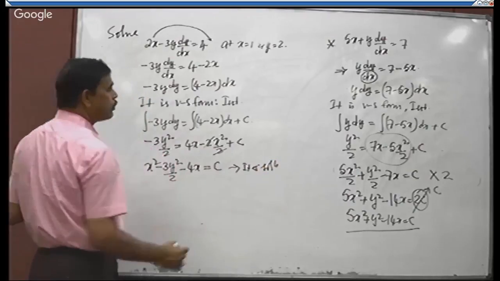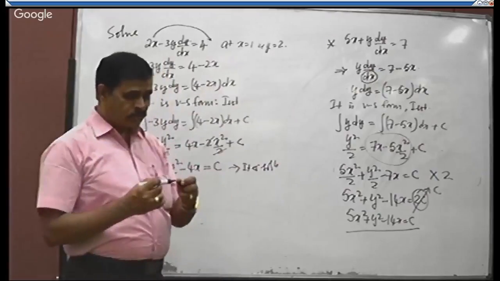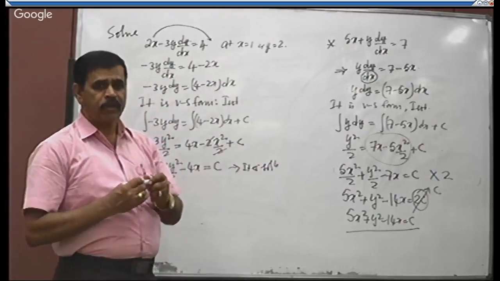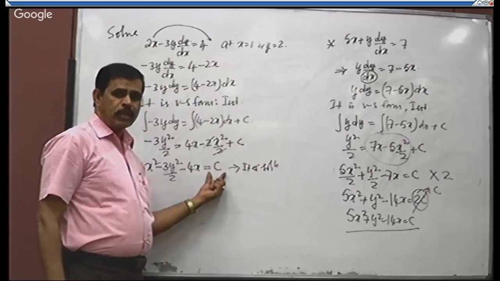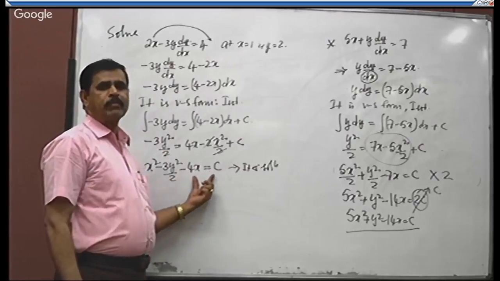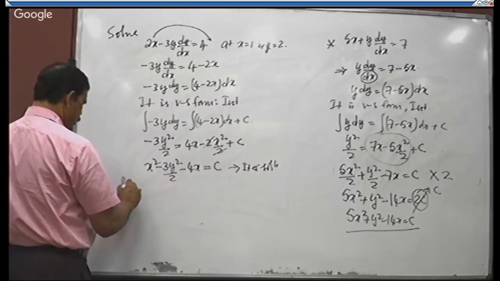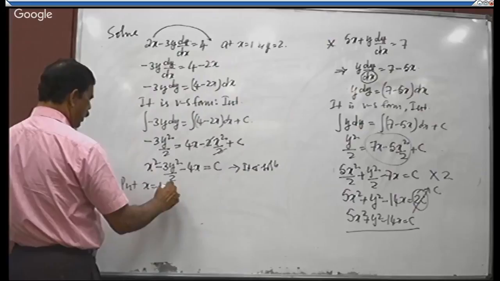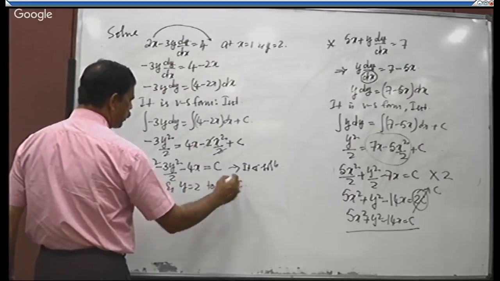But we need the solution at x is equal to 1 and y is equal to 2. So these values of x and y are given to get c. If I substitute the c value particularly, this will become a complete solution, right? Put x is equal to 1 and y is equal to 2 to get c.